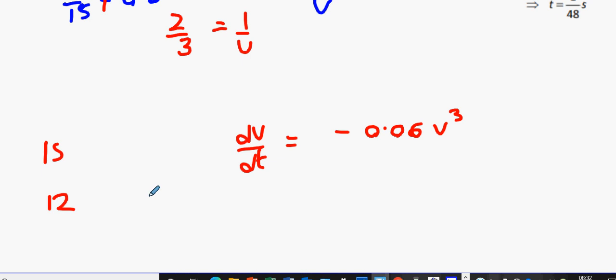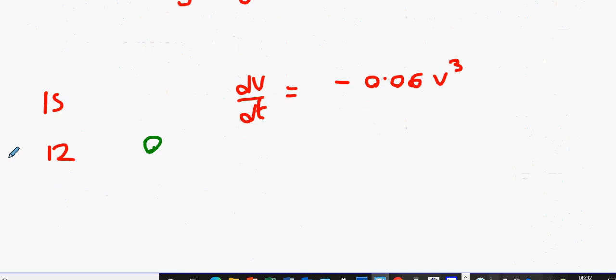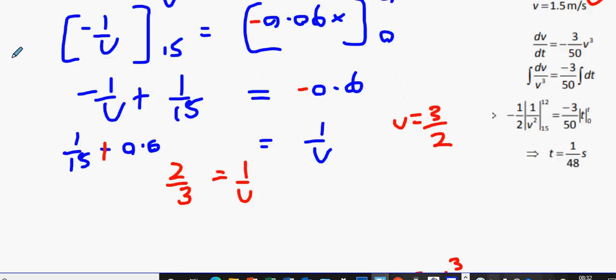Start the clock at 0 for 12, because it just wants the time in between 12 and 15, okay? Or is it 15 to 12? Deceleration. Sorry, I'm wrong. Start the clock at 15. End the clock at 12. The initial speed before it was 15, so. Oh, is it? Even if it wasn't, still works.